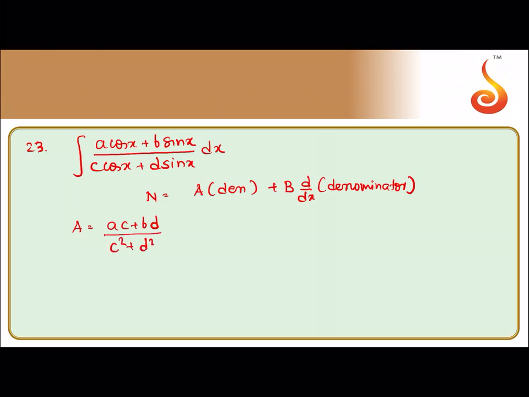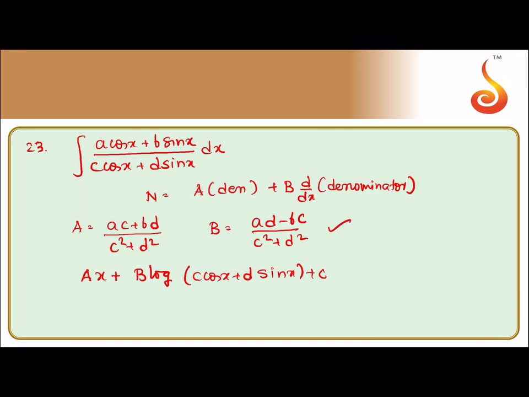A equal to ac plus bd by c square plus d square, and B equal to ad minus bc by c square plus d square. So if we solve, we get the direct answer. So this will be Ax plus B log of c cos x plus d sin x.